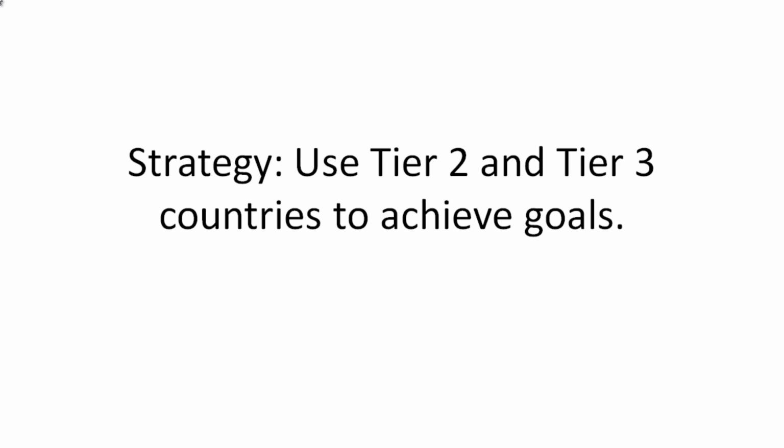Now, what do I mean by that? Tier 3 are third world countries like Bangladesh and a lot of other ones. We'll list them out just so you can see them. Tier 2 countries are countries that are having economic growth, but it's just not a tier 1.